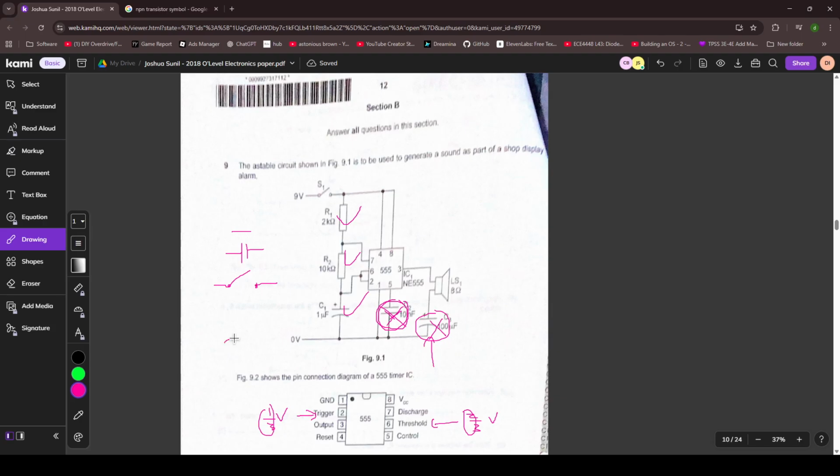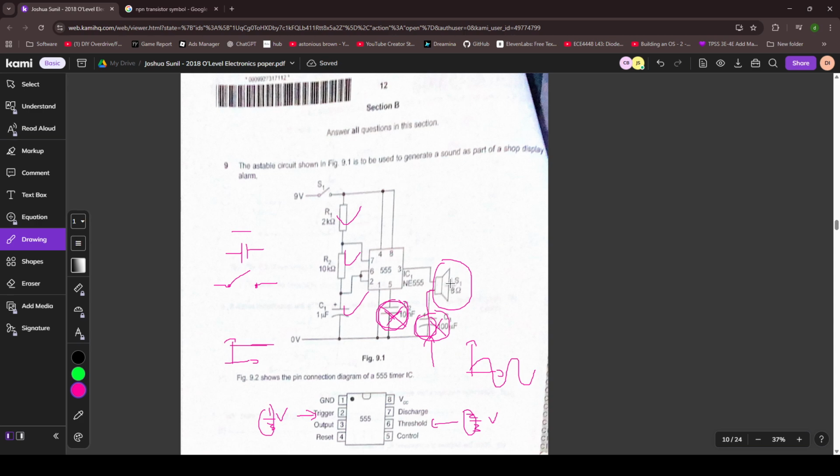So if DC is going through this, it will get charged eventually, right? Once it gets charged fully, then it's going to act as an open switch. But if AC was going through, it will keep charging, discharging, charging, discharging. It will never reach full charge, and that allows the current to flow to the loudspeaker.